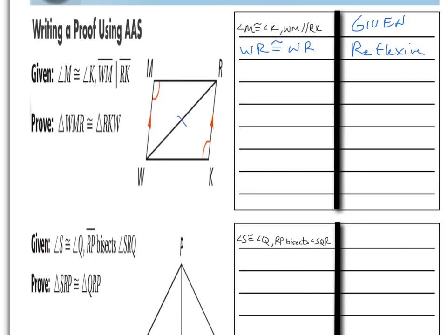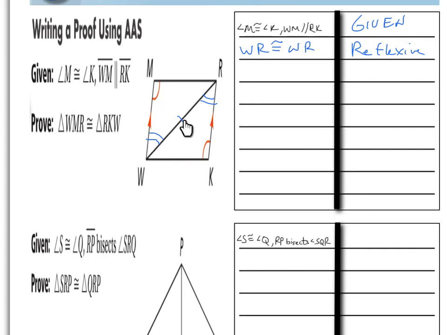Well, remember, the given gives us parallel lines. In parallel lines, you're looking for alternate interior angles. We need this angle right here and this angle right here, so that it will be angle, angle, side.